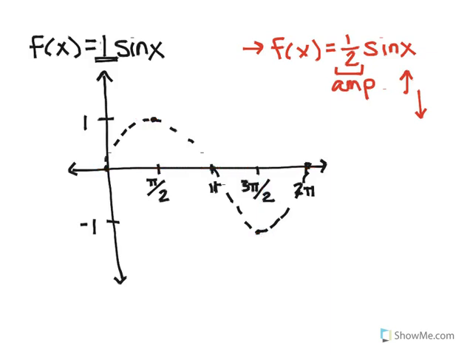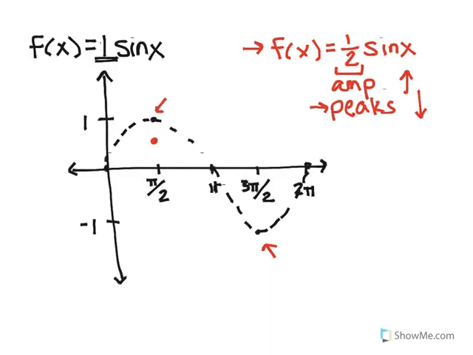So the question that we have to ask is, how do I use our 5 key points, the ones that are plotted, to help me fix the amplitude on this red function? And really, the amplitude only affects the peaks. That's the only thing that needs to change. So instead of this peak being up here at 1, it's actually going to be at 1/2 instead, which would be about here.